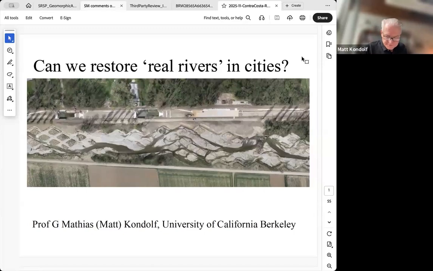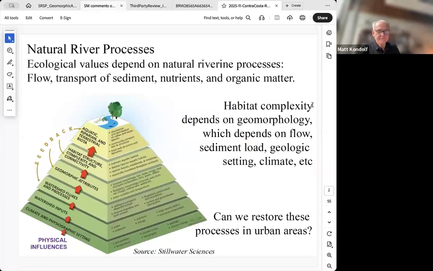So along that line, let me just start with these basic ideas that it's natural river processes, dynamic channels that create the habitats that we are usually trying to restore to. So these ecological values depend on the natural river processes.